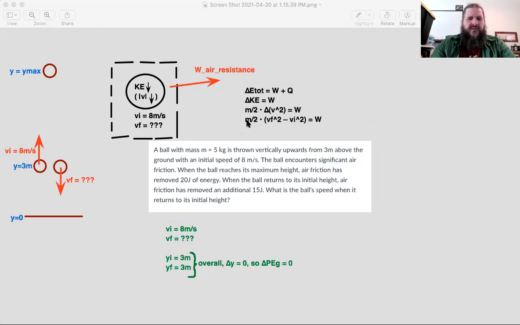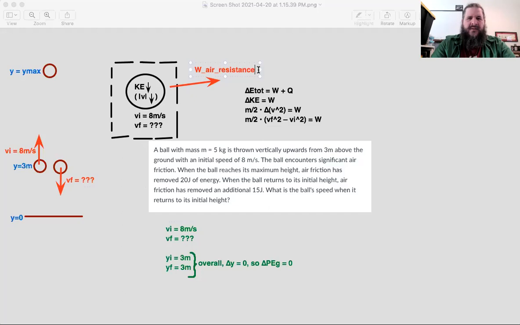And we know the mass, we know the initial speed, and do we know the work done? How much energy is being removed by air resistance here? Yeah, we're losing 20 joules of energy on the way up and also losing 15 joules of energy on the way down.